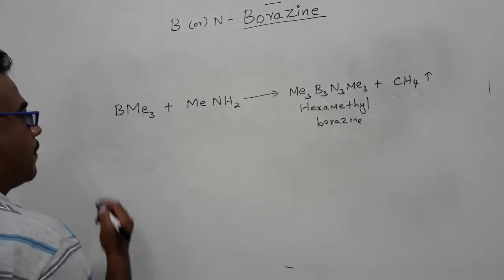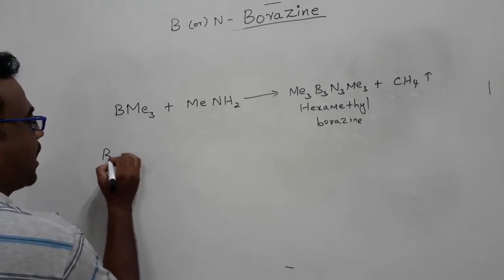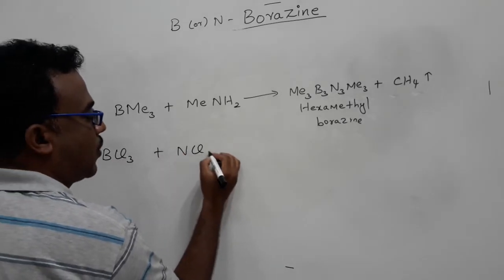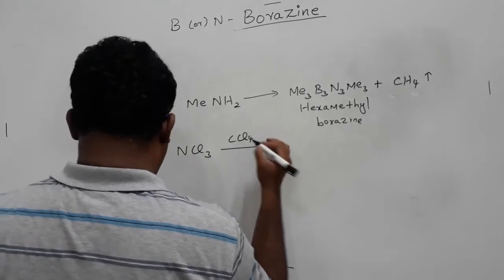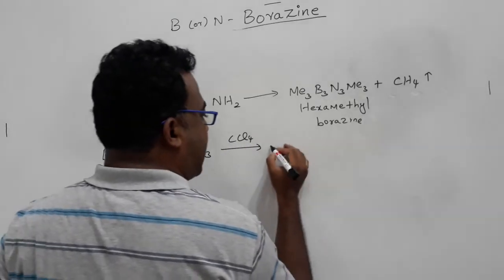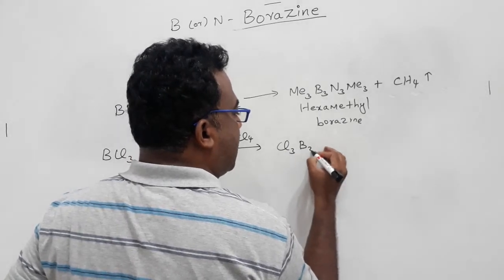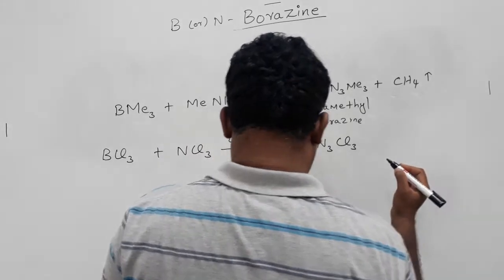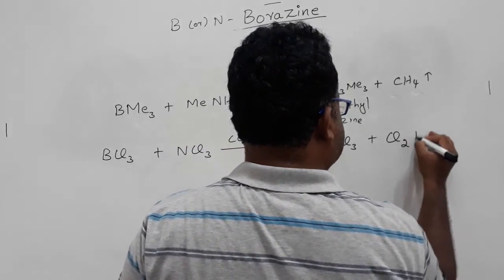Similarly, hexachloroborazine also can be obtained by reacting boron trichloride plus nitrogen trichloride using CCl4 as solvent to get Cl3B3N3Cl3 plus chlorine gas.